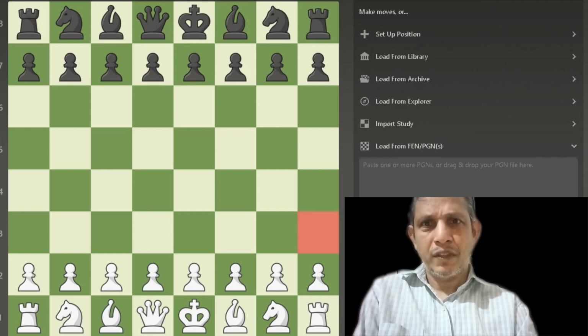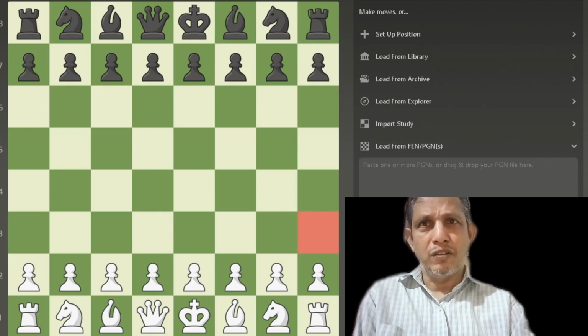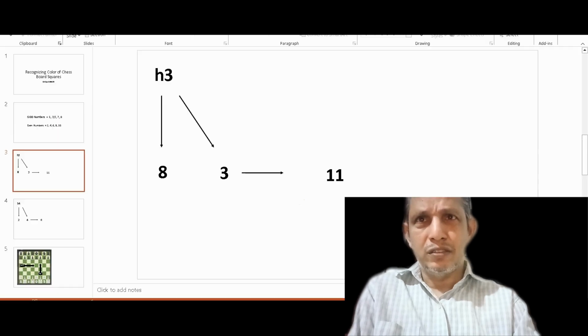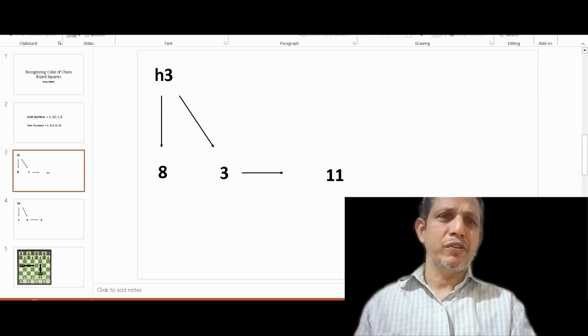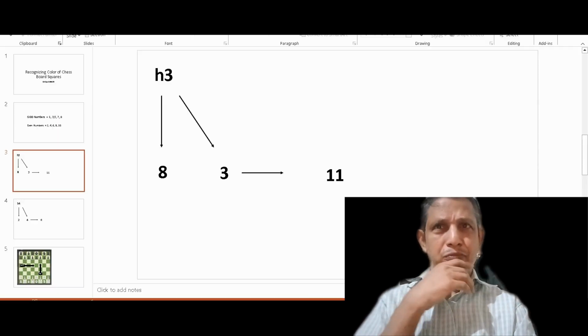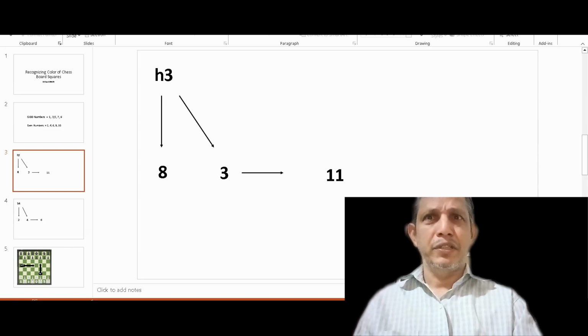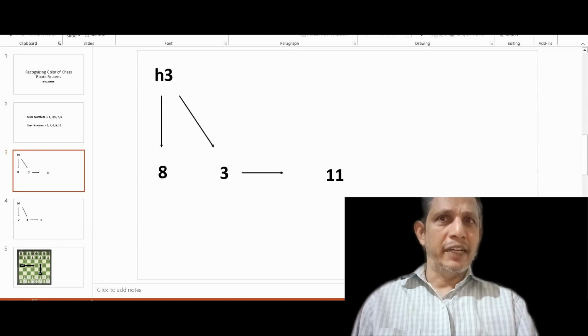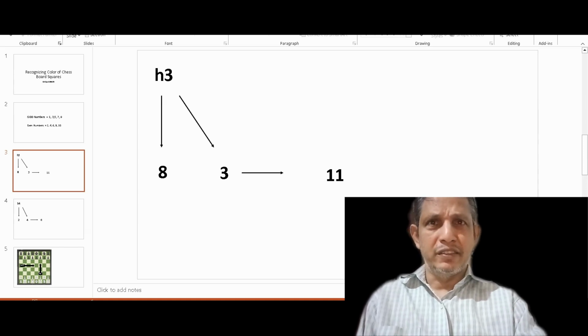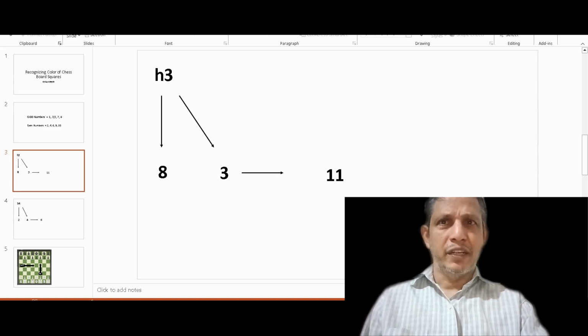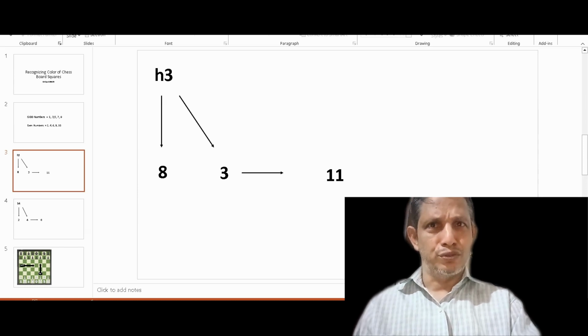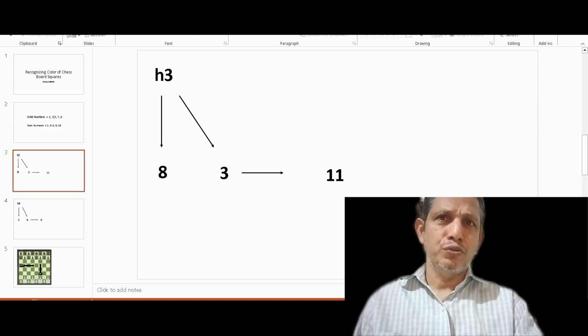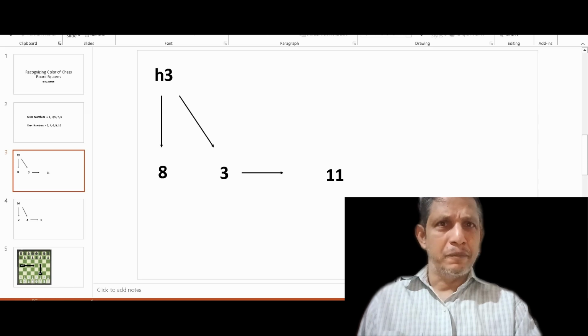To remember this, we also assign a number to the file. For example, H can be 8 because it's farthest right, and 3, the rank number, remains the same. Together you add those two, and what you get is 11.